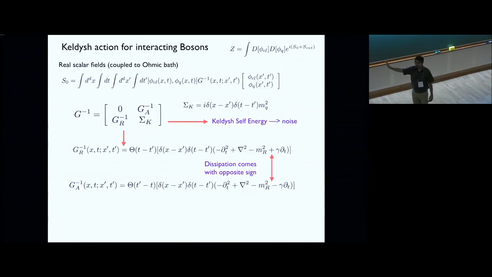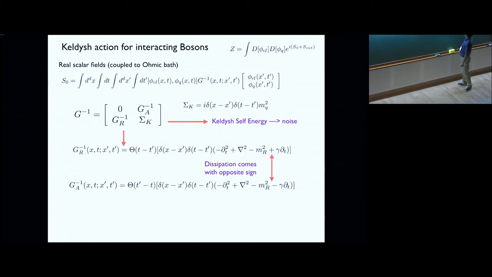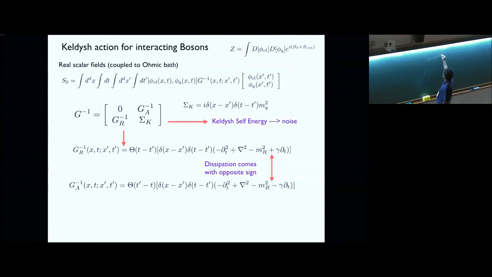I don't know what happens at any arbitrary temperature. And I can maybe do this and maybe do that. This is a self-energy, so this will basically give me something like phi quantum of t, some sigma t t prime, phi classical of t prime.